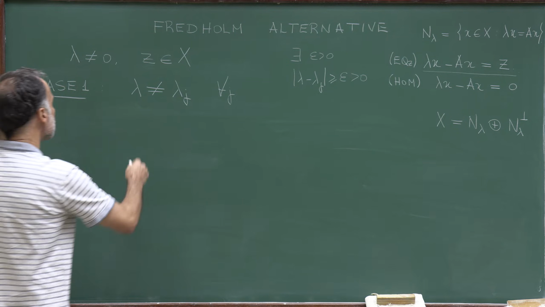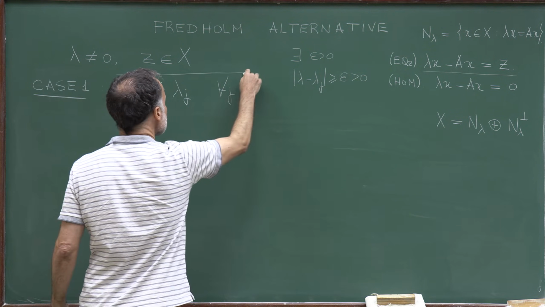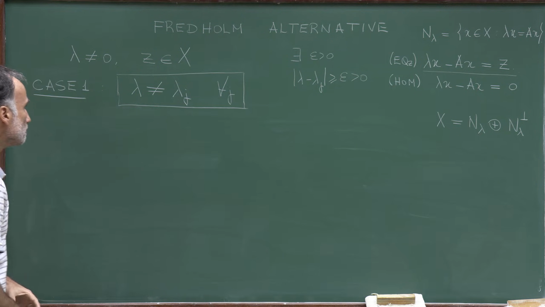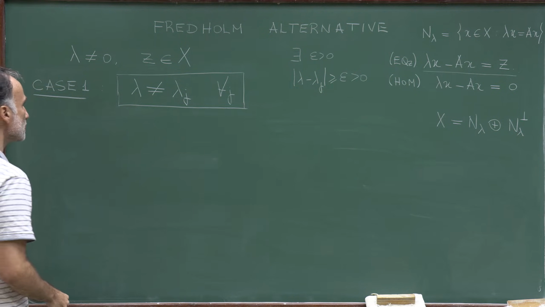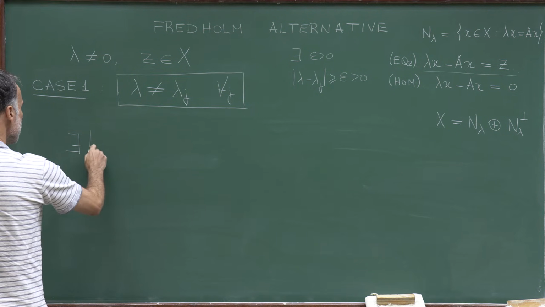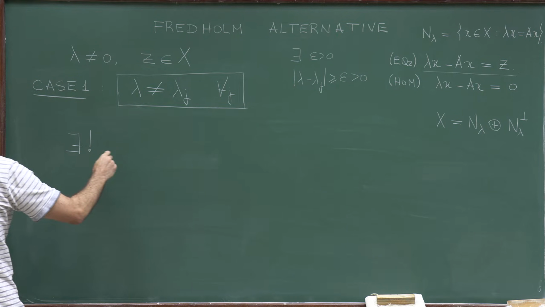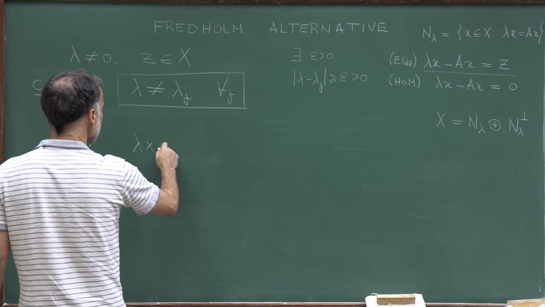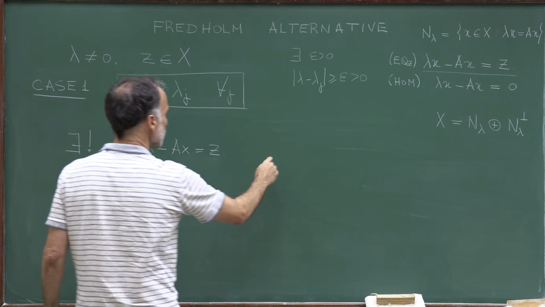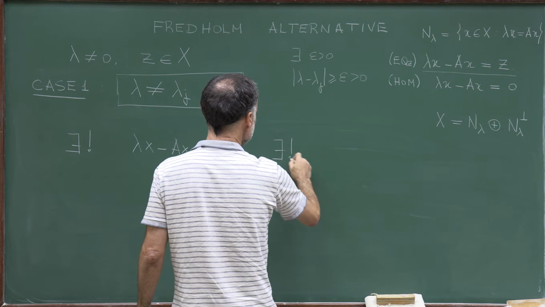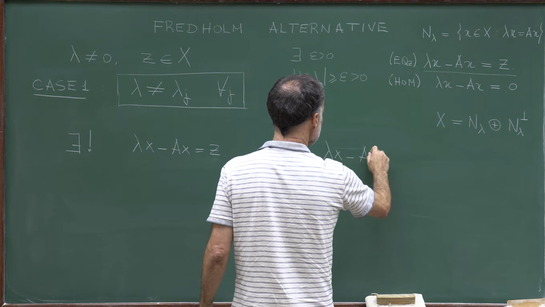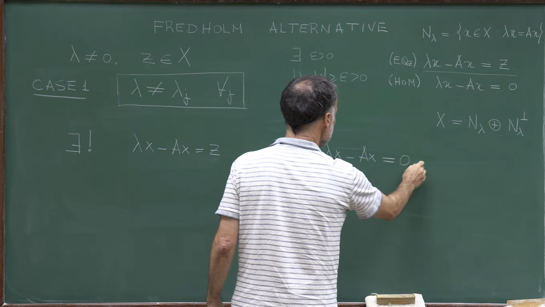So we just proved that in this case, so if lambda is different from all lambda_j, and lambda is different from 0, there exists a unique solution for the equation lambda x minus Ax equal to z, and also that there exists a unique solution for the equation lambda x minus Ax equal to 0.